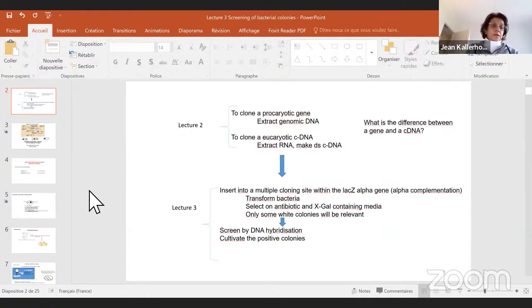And a very sensitive thing is to label your DNA, make a probe, and screen your colonies by hybridization. That's all there is to the course. But unfortunately, because you are very young, you need to go back step by step.